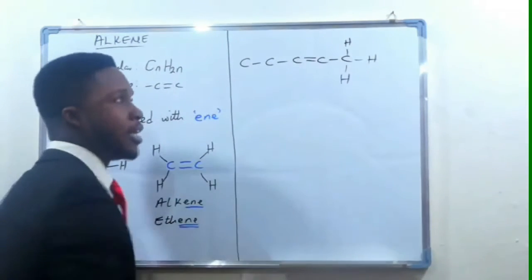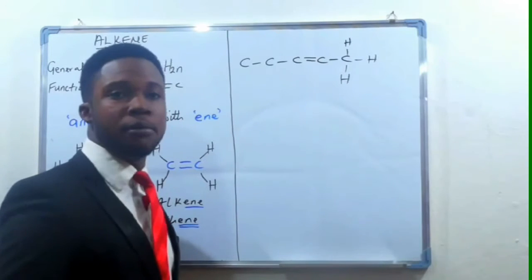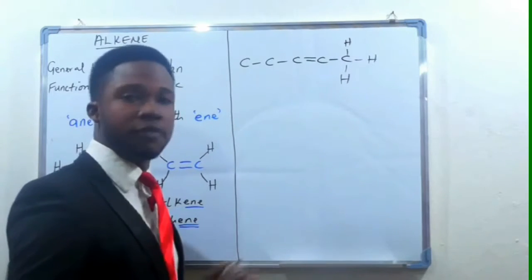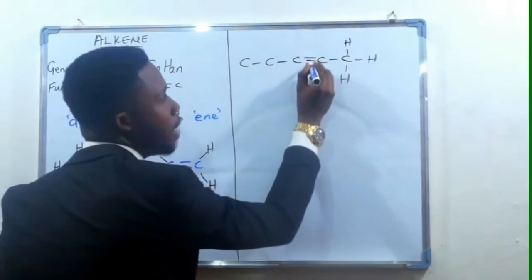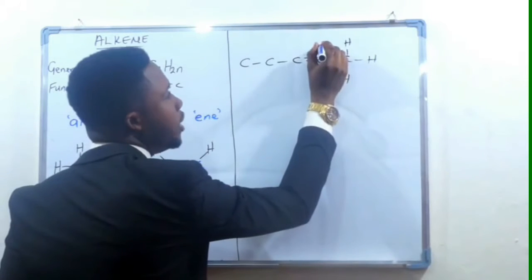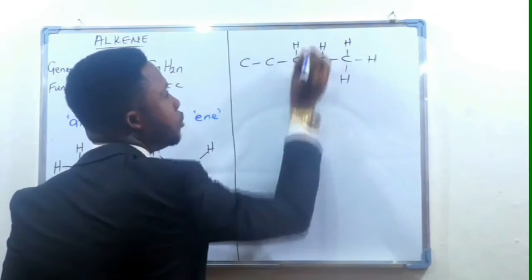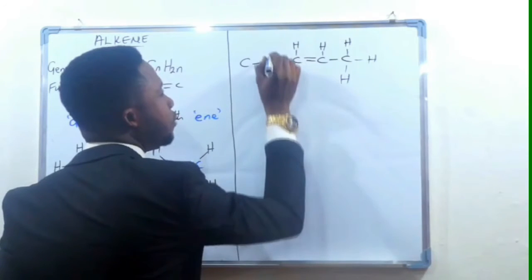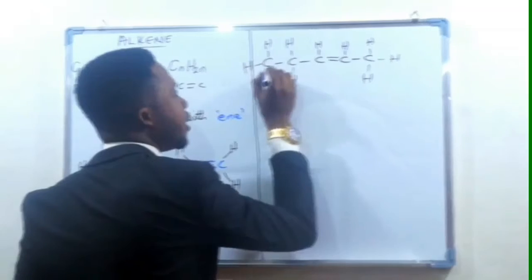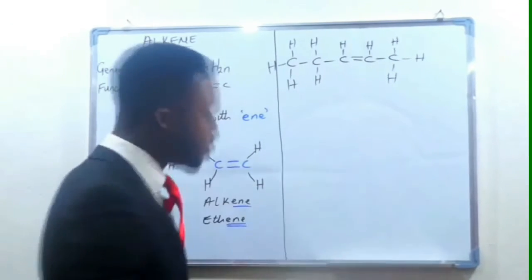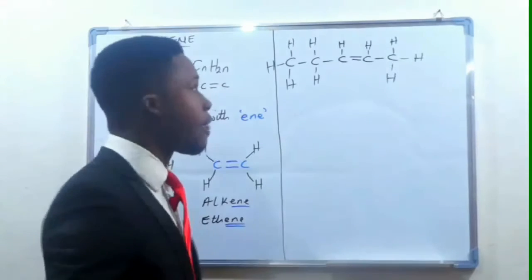Remember, in our previous classes we talked about every carbon being tetravalently bonded. So if we have a double bond here, then only one bond can enter here carrying our hydrogens. Then we'll have hydrogens here, hydrogens here, hydrogens here, and hydrogens. Now this compound is an alkene, a 5-carbon alkene.